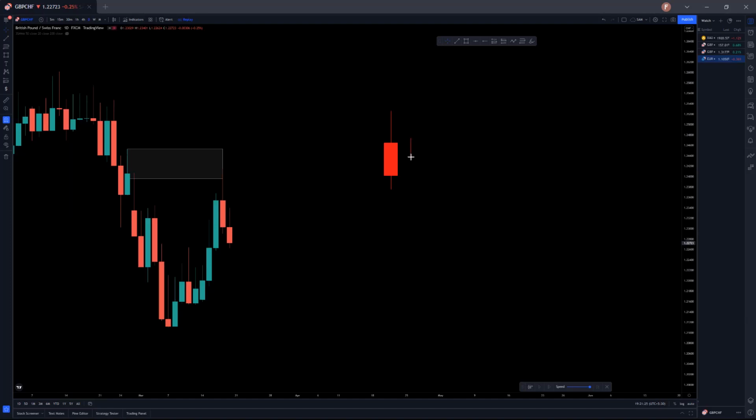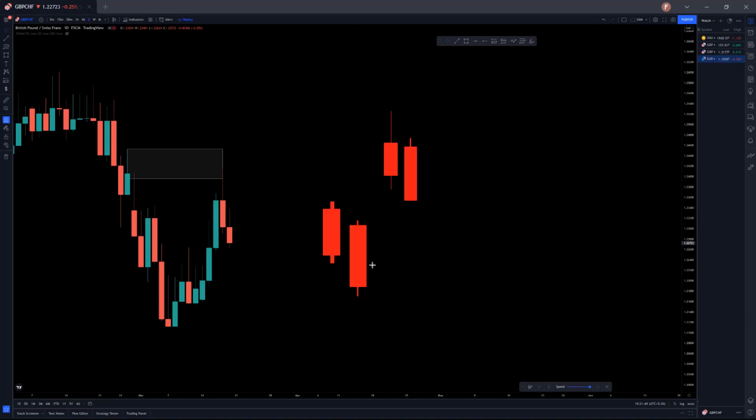So like this, we understood that price makes higher highs and higher lows, but candles also move the same. If this is the candle, now what do we expect? The next candle to make the lower high and then the lower low.